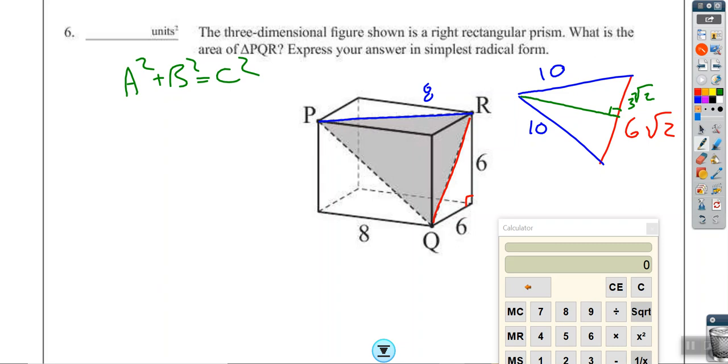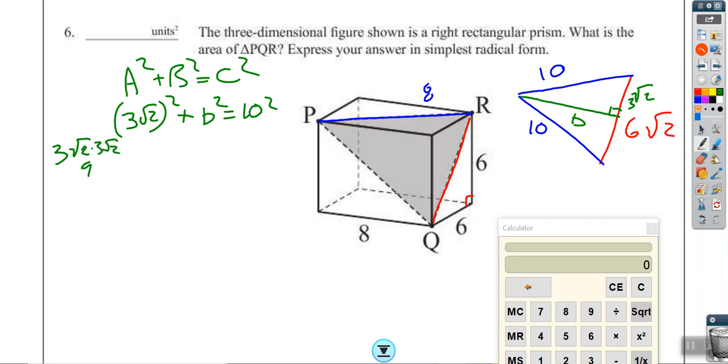So I have an a value of 3 root 2, and we're going to have to square that, plus, well, this is our b value. We don't know it yet. So b squared, 10 squared. So 3 root 2 squared is the same thing as 3 root 2 times 3 root 2. 3 times 3 is 9.